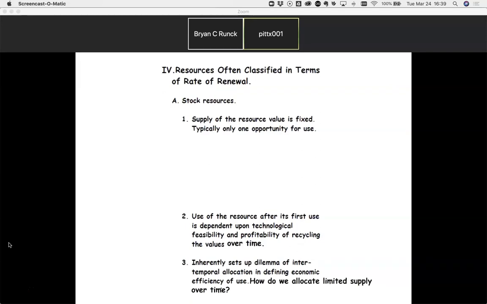Use of stock resources after their initial use is dependent upon technological feasibility and profitability of recycling the values over time. Inherently, this sets up the dilemma of intertemporal allocation in defining economic efficiency of use. How do we allocate a limited supply over time?